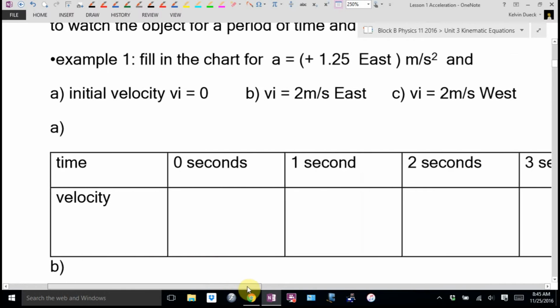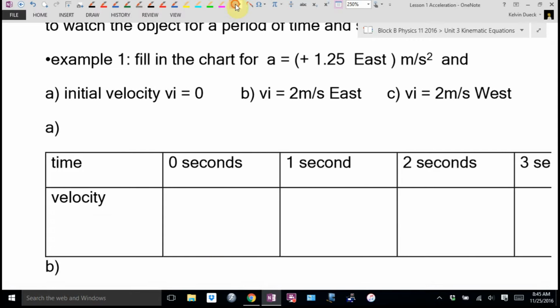So in example A, Simi, what did I say I wanted my initial velocity to be for part A? So let's all put a big 0 meters per second right there. And since it's 0, adding a direction doesn't make much sense. Okay. But which way are we accelerating, Simi? By how much?